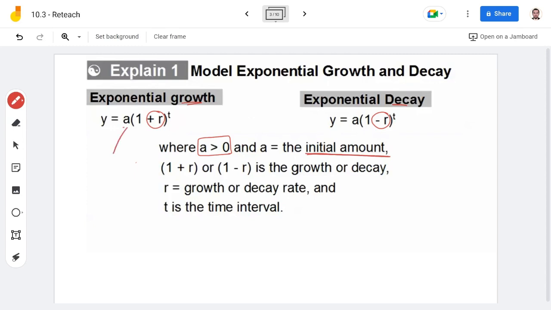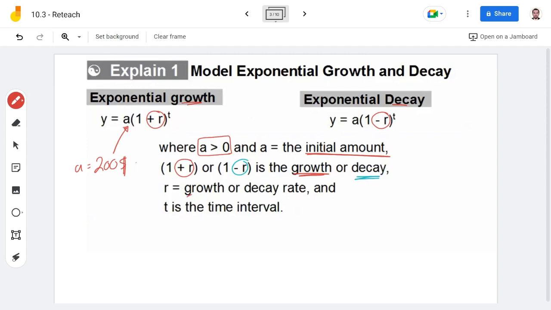So if the question tells you the initial amount of selling something is $200, you have to say that a is equal to $200. Now, 1 plus r or 1 minus r, as I told you, plus r represents the growth and negative r represents the decay. What is r?